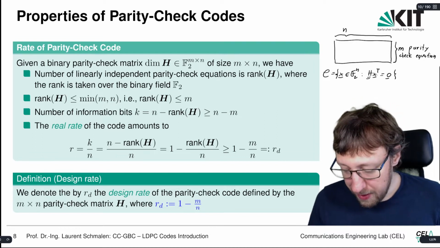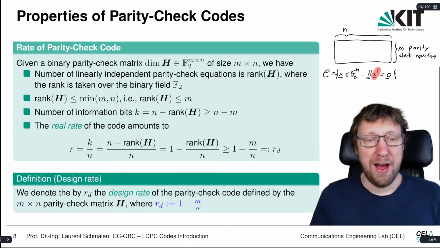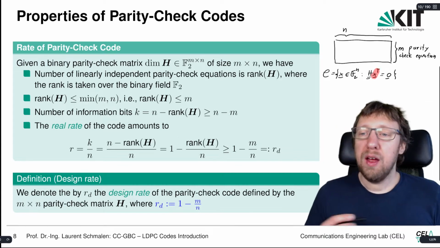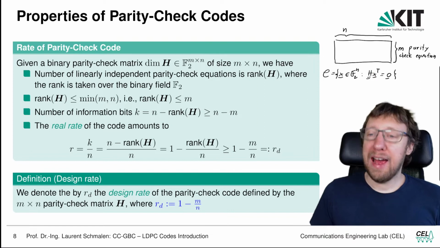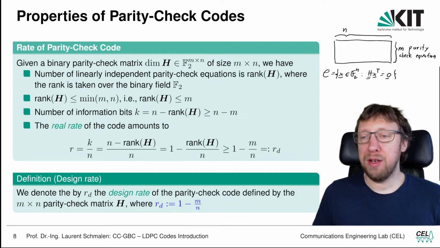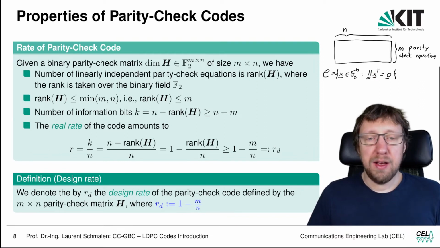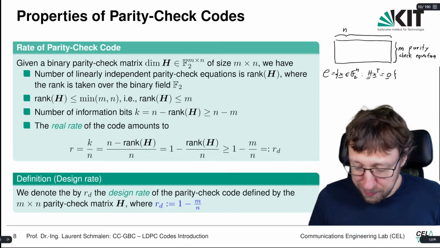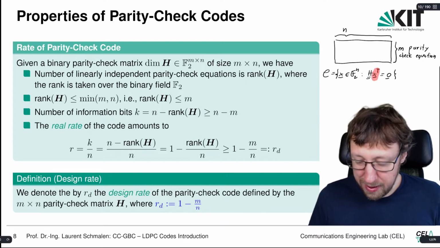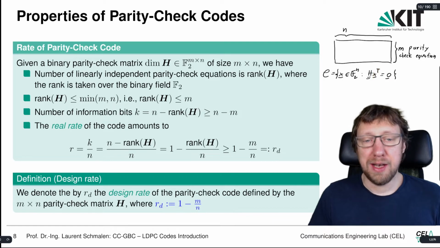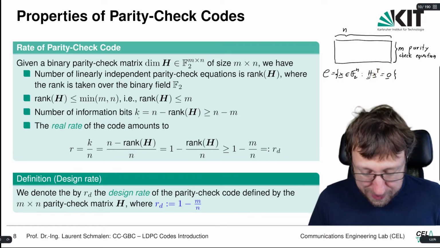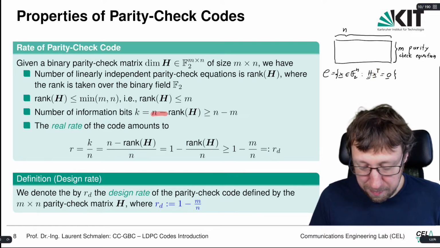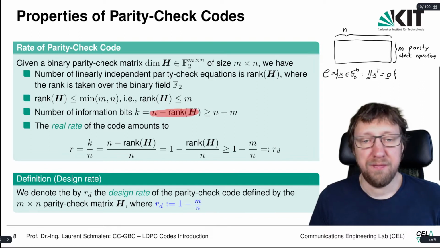Now, how many different x do we have? That's given by the rank of H, by the dimension of the subspace. So the possible number of x is given by the effective dimension of the subspace, and that is K equals n minus the rank of H.